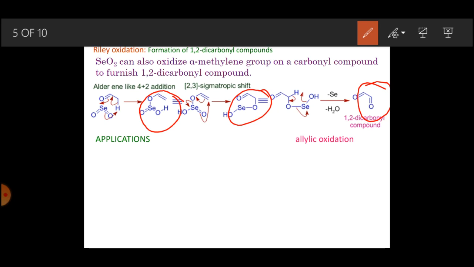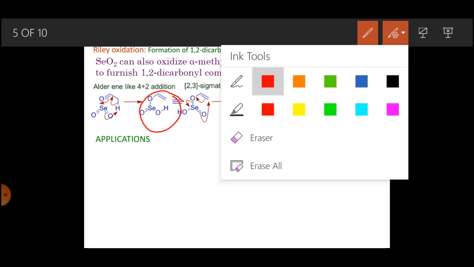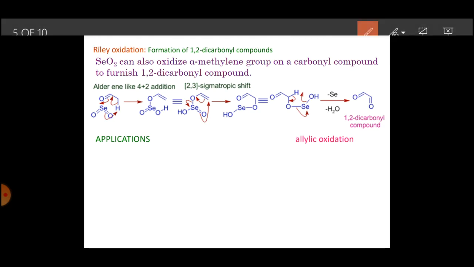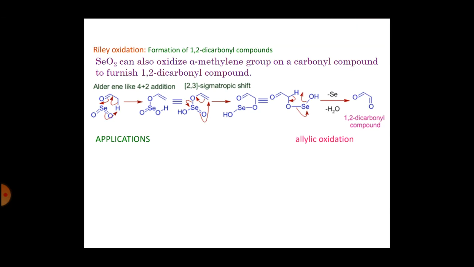Now I hope and believe that you have a clear view of the mechanism of selenium dioxide. After a good understanding of the mechanism, now I will discuss some examples. Now look at some allylic oxidation.